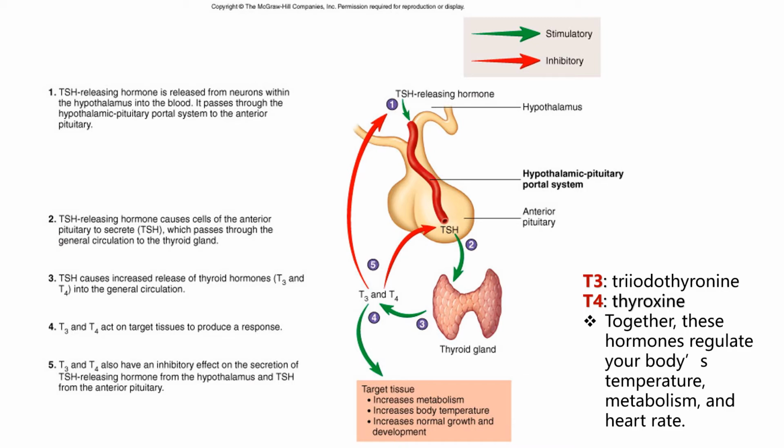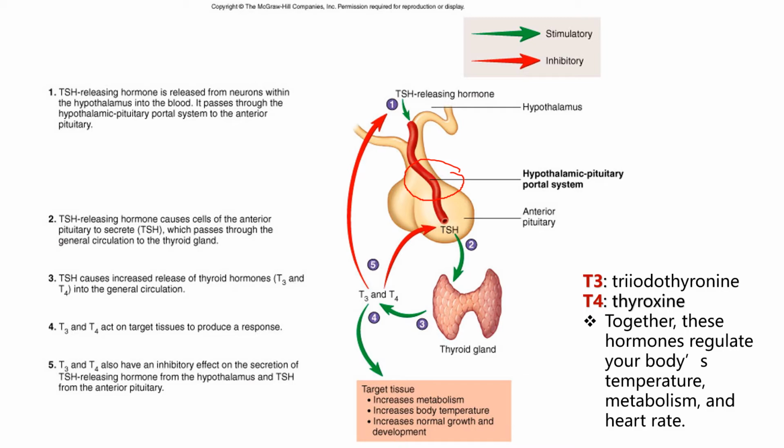So this is released from the neurons within the hypothalamus in the blood, and then it passes through the hypothalamic pituitary portal system, this one, to the anterior pituitary. So once it reaches your anterior pituitary, it actually releases your thyroid stimulating hormone.